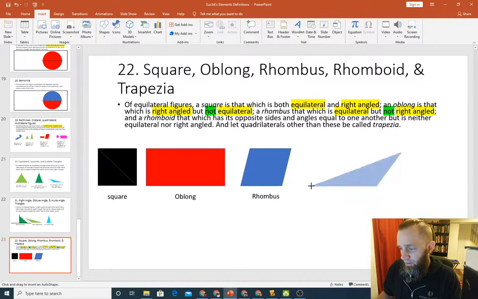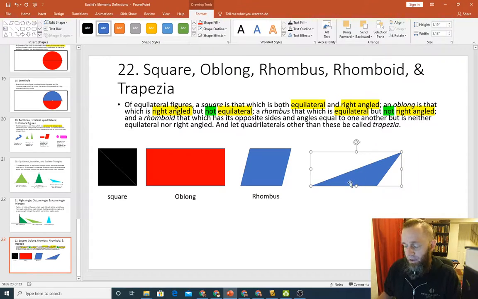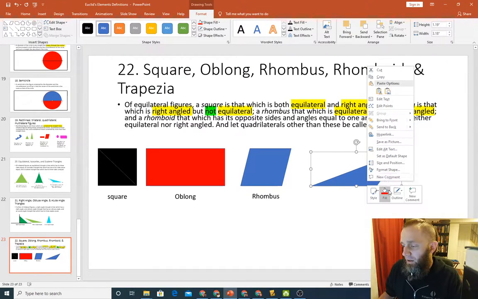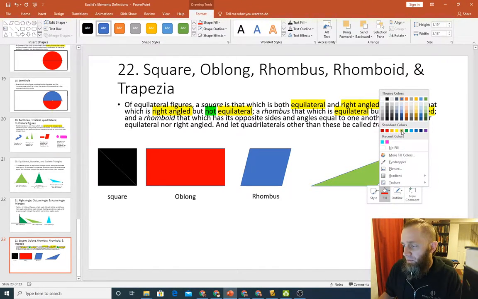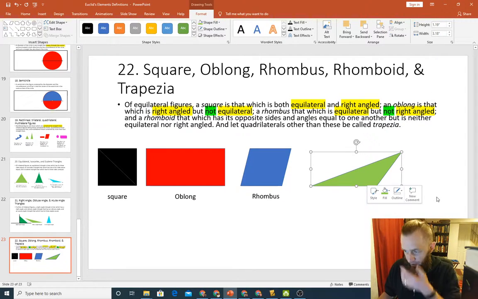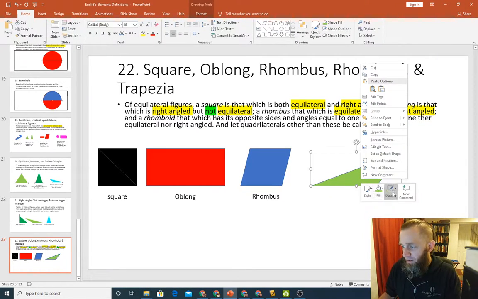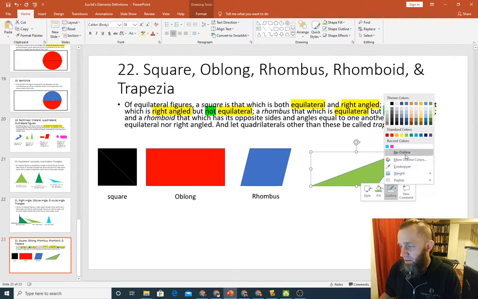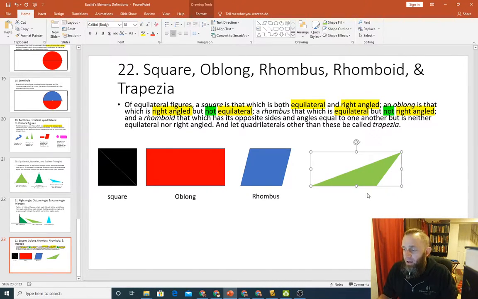And you know what I'm going to do is I'm going to make a triangle. I trust my triangles. And since it's a triangle, I'm working with the triangle. I'm working green here. Let's get rid of the outlines. No outline. And now, so far, all I know is this is not equilateral.